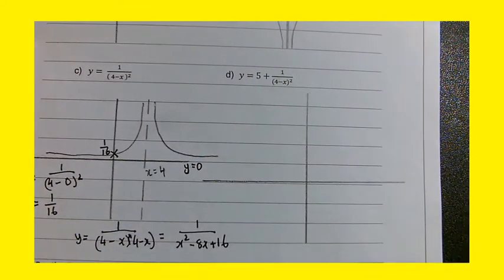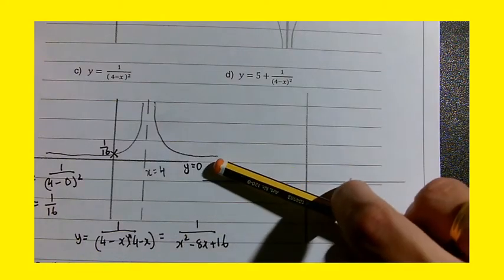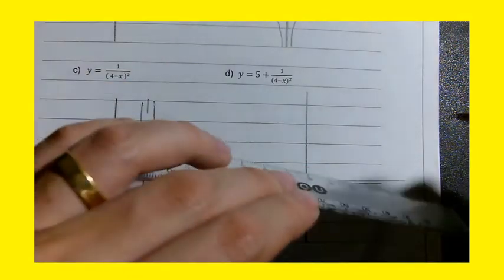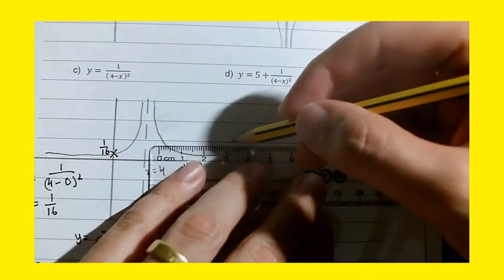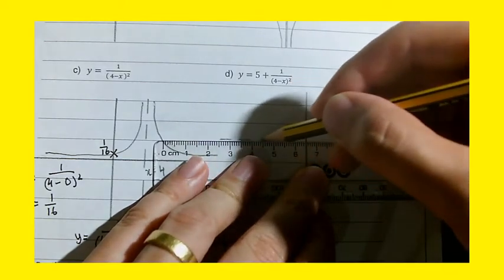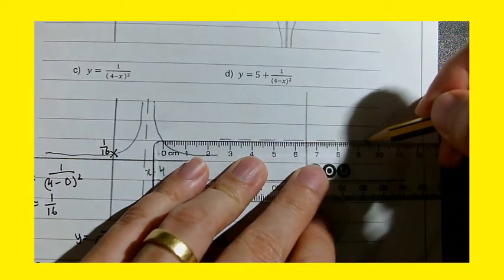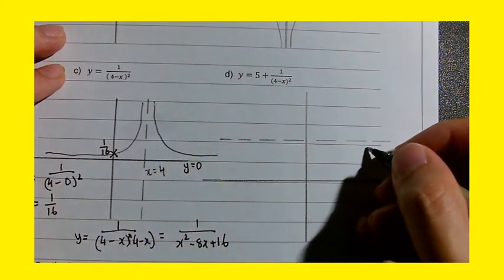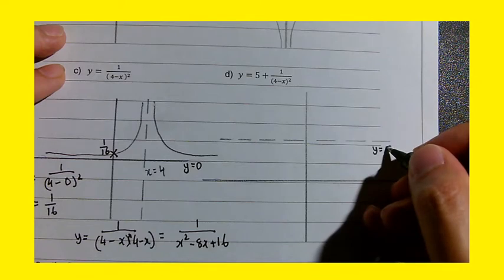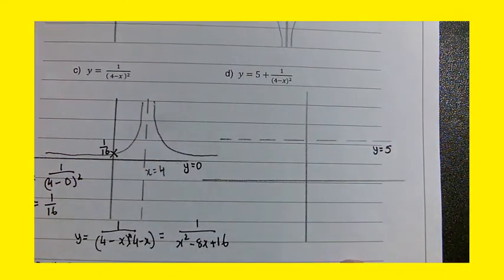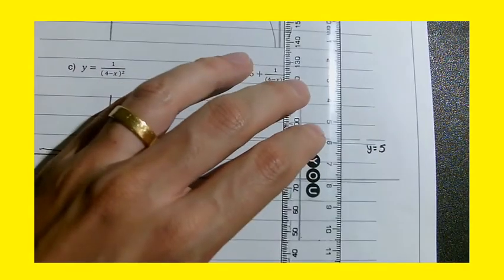Okay, so for part C that's the case, and obviously when you add 5 to the whole graph, when you translate it up by 5, that horizontal asymptote will no longer be y equals 0, it will be y equals 5. Okay, and this vertical asymptote will remain the same. It will still be x equals 4.